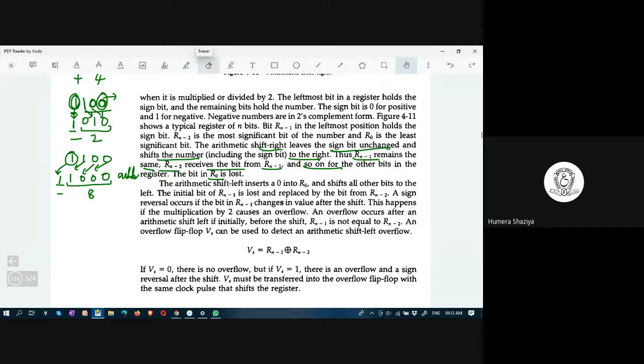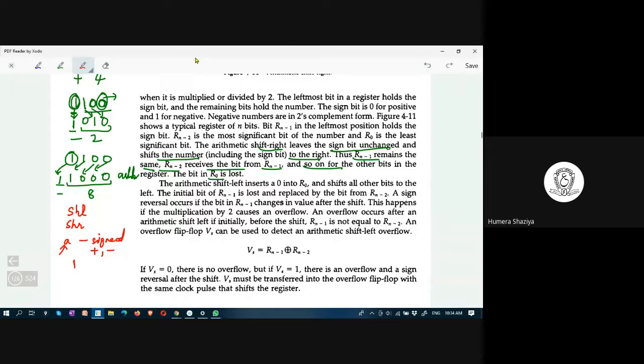Students, just see that this concept is same as logical shift left and logical shift right, except that you are adding here an A, which implies it is arithmetic and that it is actually operating on signed numbers. Signed numbers means they can be positive or negative, and if a number is negative, the leftmost position will take a value 1.